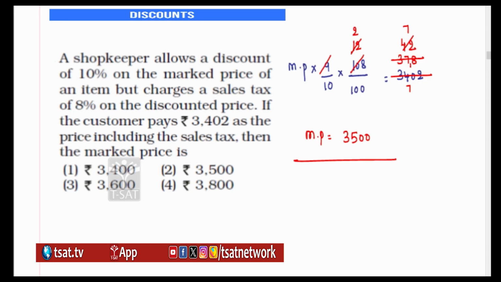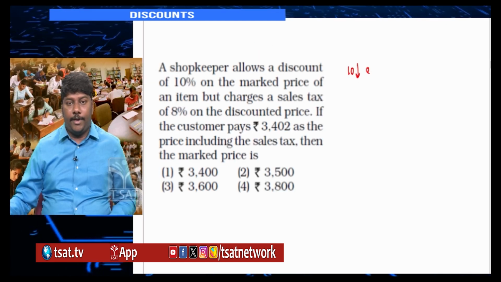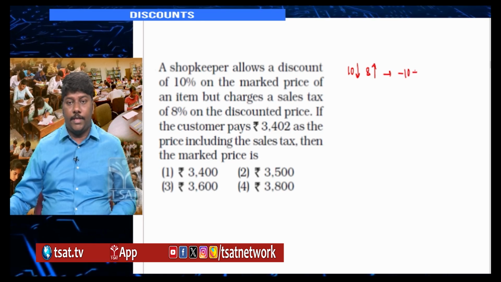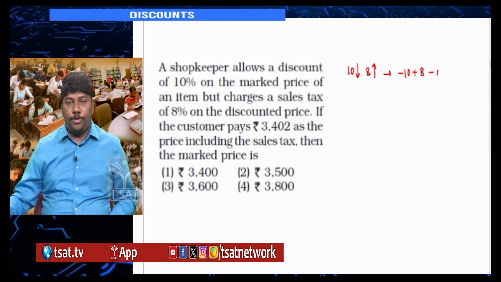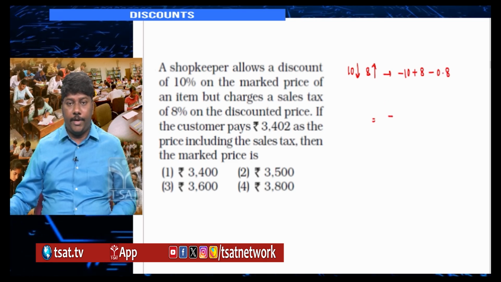So the marked price of the article is 3500. You are decreasing it by 10%, then increasing it by 8%, and equating it to 3402. In terms of percentage also you can do it. How? You are decreasing it by 10% and increasing it by 8%. The result is minus 10 plus 8 minus 0.8, which is minus 2 minus 0.8, so minus 2.8.